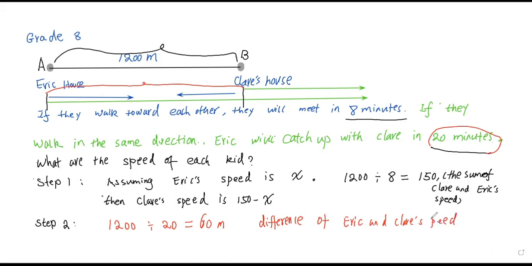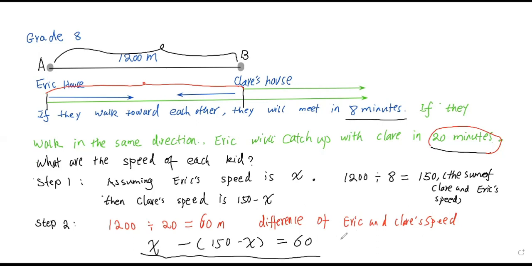Now this question follows the earlier practice about the difference and the summation of two numbers. How do you figure out the two numbers? We say the speed of Eric minus the speed of Claire is equal to 60. Now you find the equality.